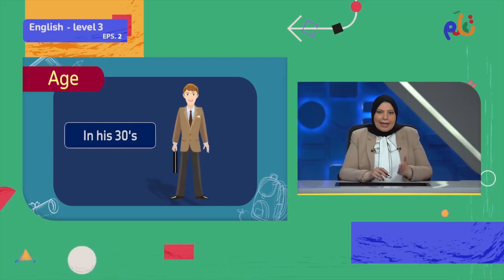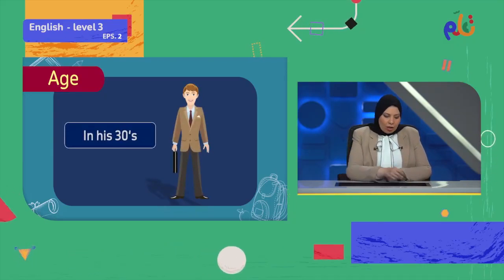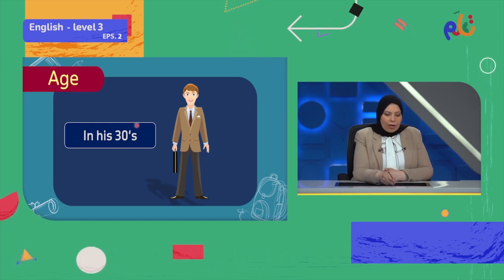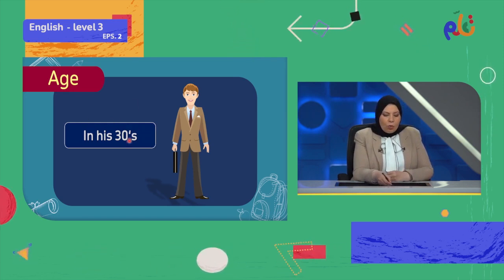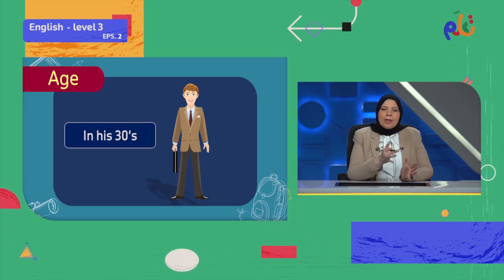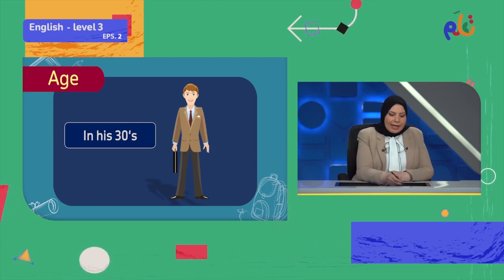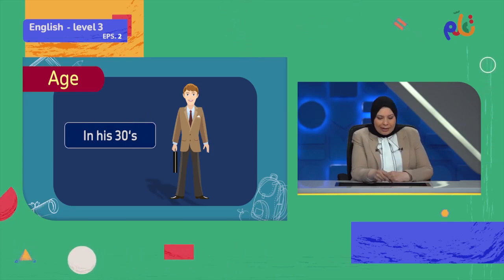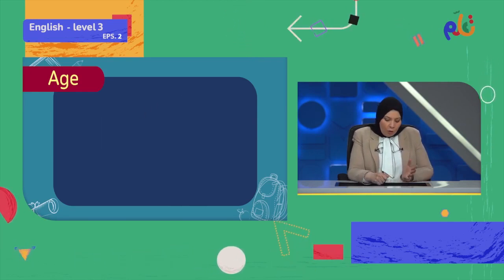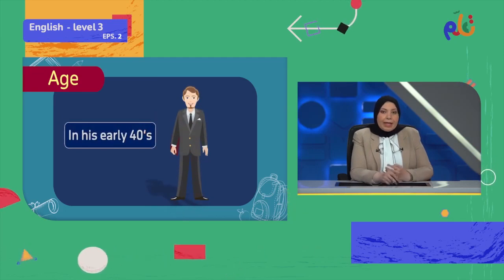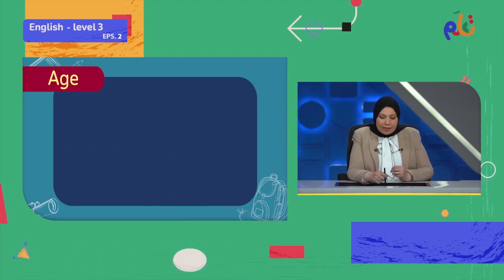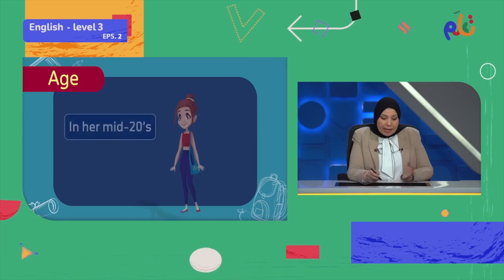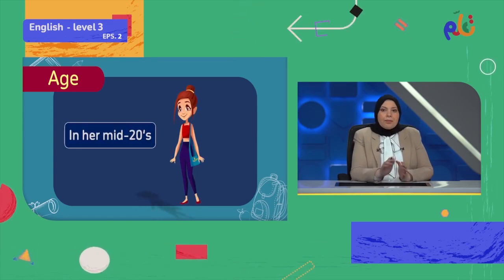We can say in his or in her, and we say the age group that I think. So I can say in his 30s, in his 20s, in his 40s, in his 70s, in his 20s.